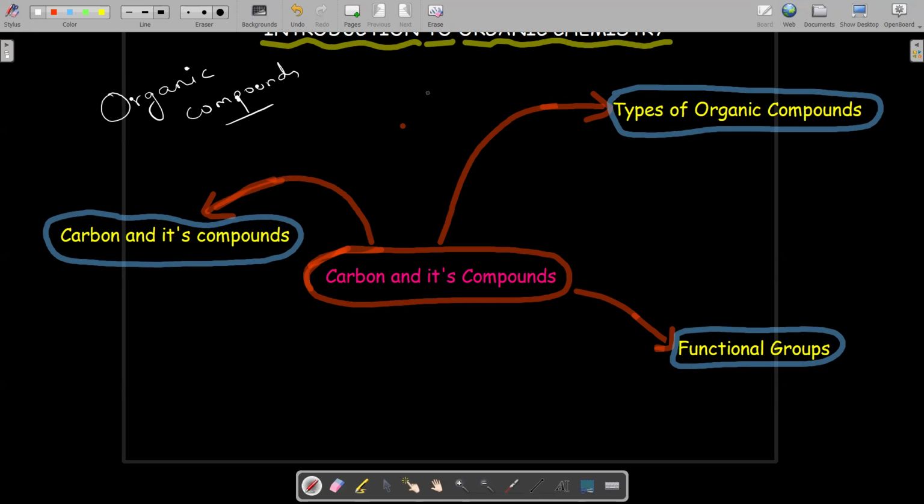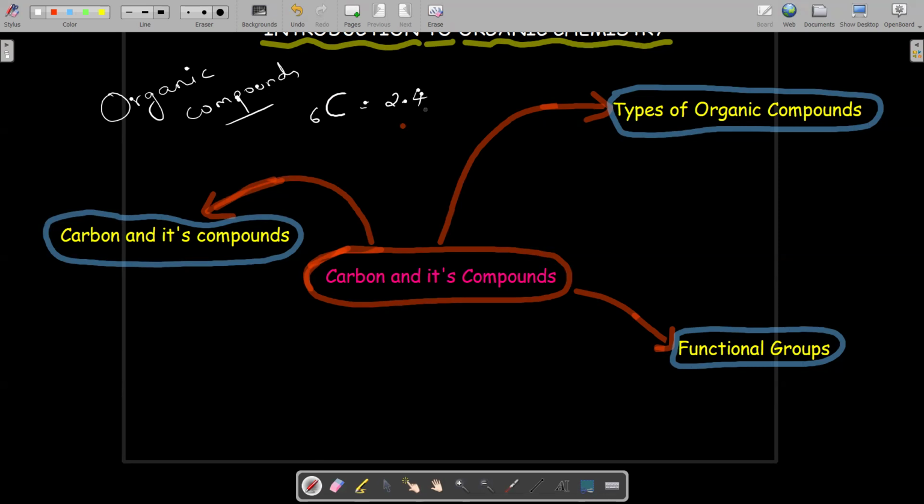Now, in the structure of the carbon atom, there are 4 electrons in the outer shell. I think you'll know that. The atomic number is 6. So the electronic configuration of carbon is 2, 4. To complete its octet, carbon requires 4 more electrons.